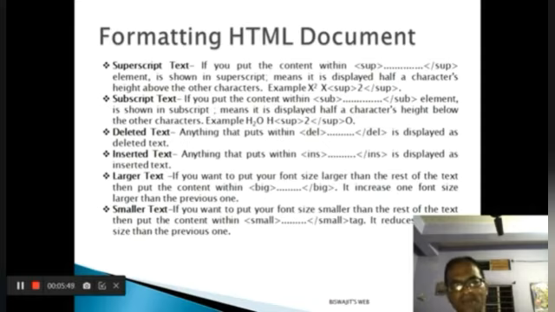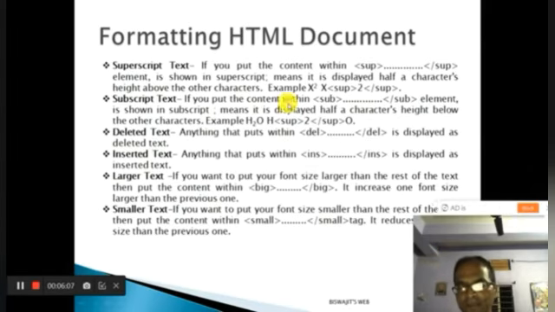Similarly, subscript and superscript. When we write something like x square, we all know that the 2 goes a little up. That is termed as superscript. If you look at the example x square, the 2 will go up when we write it like this.